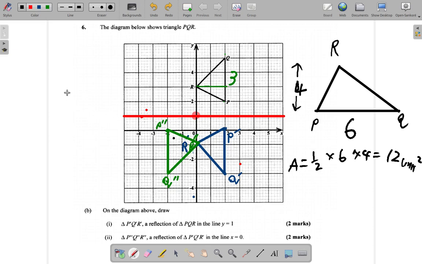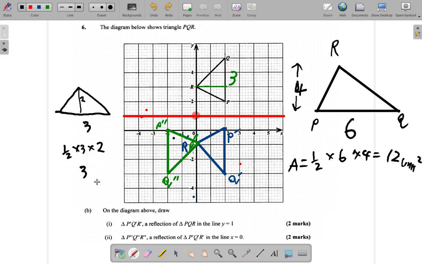Now if you consider that this was a triangle and the base is 3 and the vertical height is 2, you say half of 3 times height of 2, 3 times 2 is 6, half of 6 is 3.